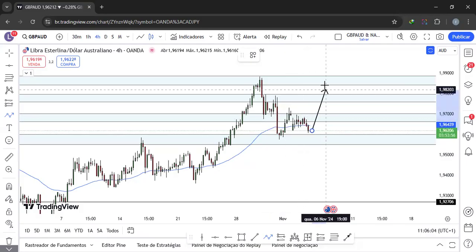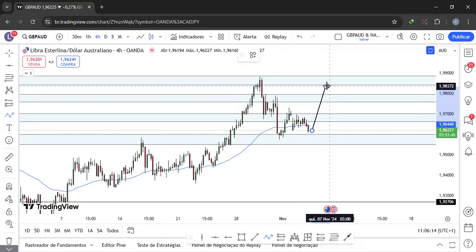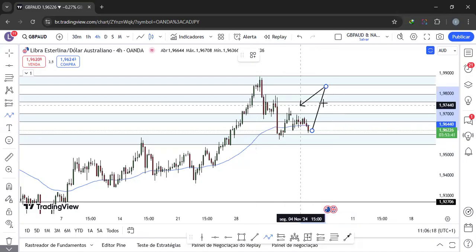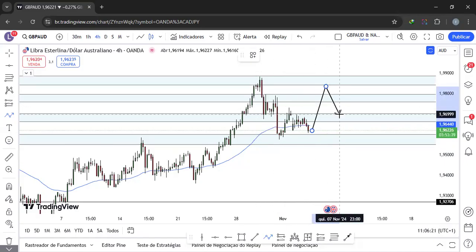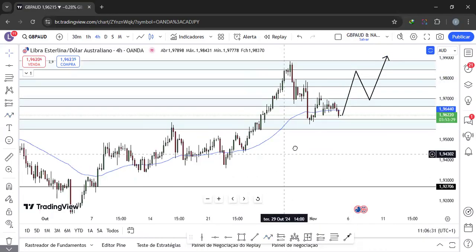What do I expect? I'm expecting to see the market breaking the previous lower high and retrace, maybe to make a higher low. When it breaks, it's going to make a new higher high. It can come and retrace on this level right here, or on this previous structure low. It will depend on what happens in the market. We have these moving averages.